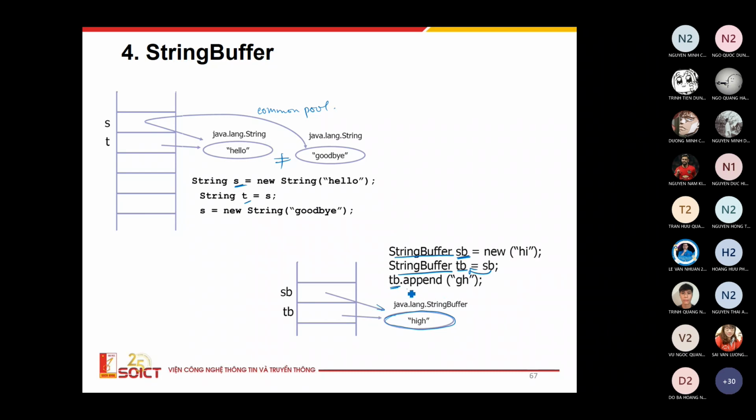After that, you can use the methods of the StringBuffer to append a value to this string. For example, at the beginning this is just H and I, and after appending G and H, it will become like this. And they don't create two regions in the memory.